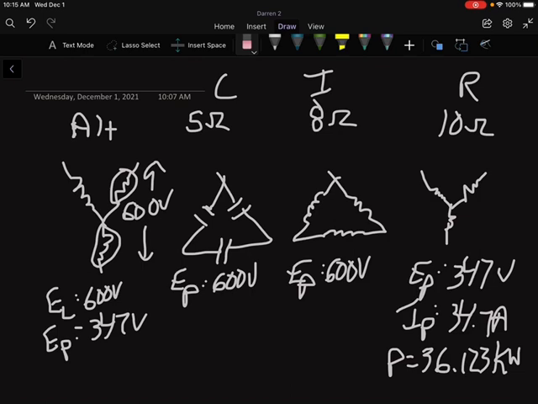Now let's look at our inductive load, and we want to find current first.